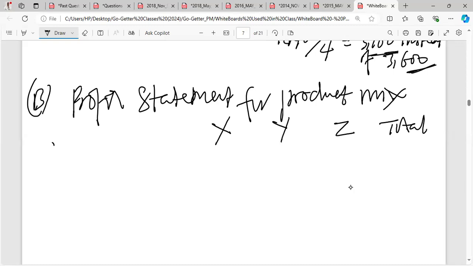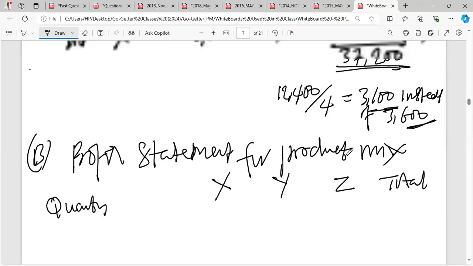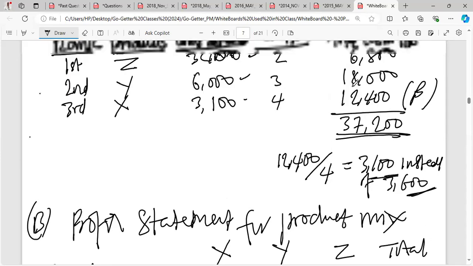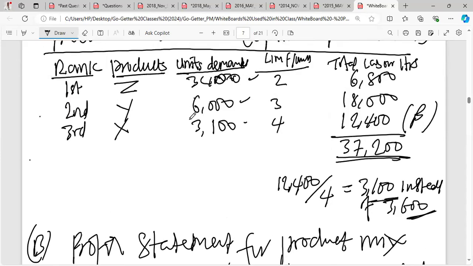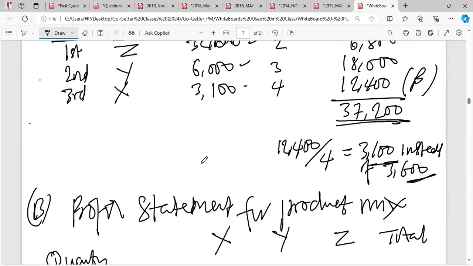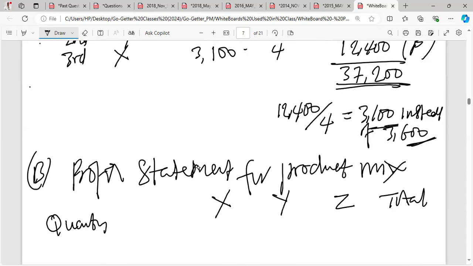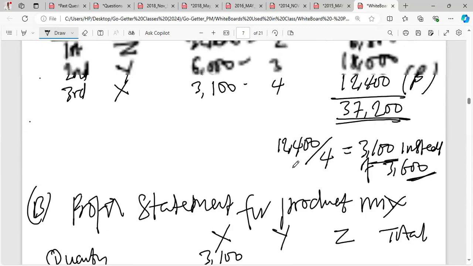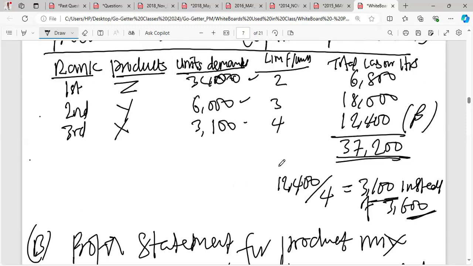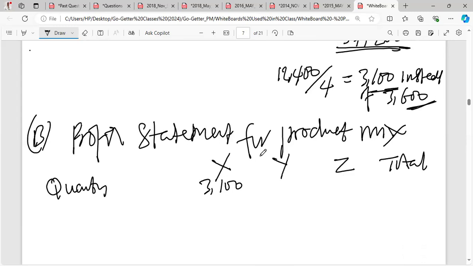Now we have quantity. Quantity here is this mix here. Our X was limited to 3,100. Y and Z, we produce what they need, 6,000 and 3,400.